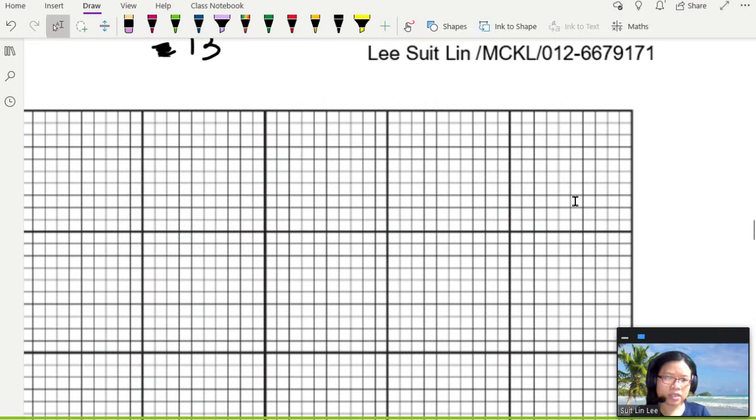19 is at 5 boxes. 1, 2, 3, 4, 5. This is 19. Let me change color. 19.5 is somewhere here. Miss, do I round up or round down? It's halfway, doesn't matter. So let's say I round up. So 19.5 is here. And then your 1 over d square is 13.7.